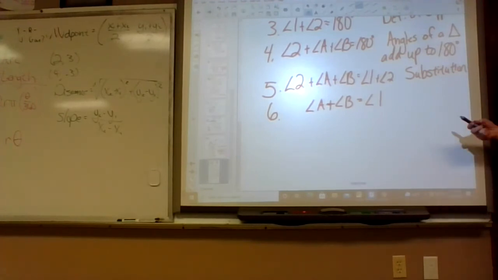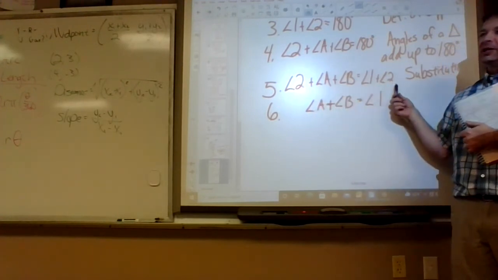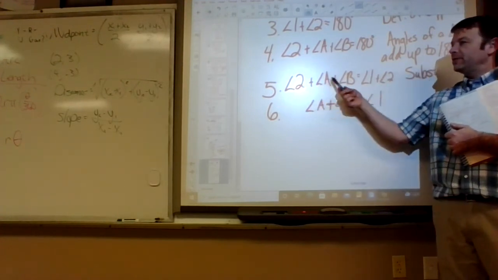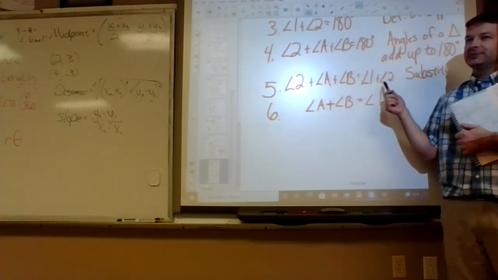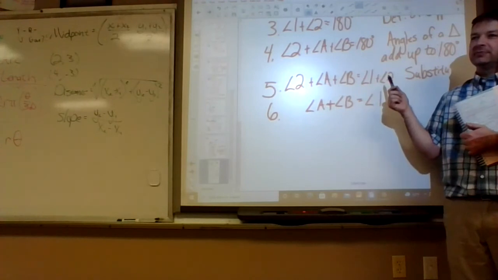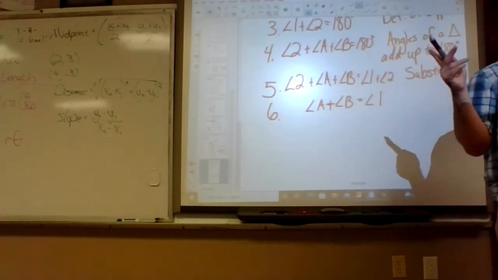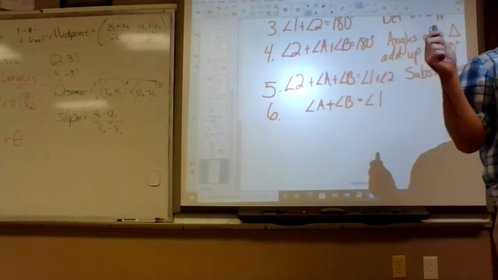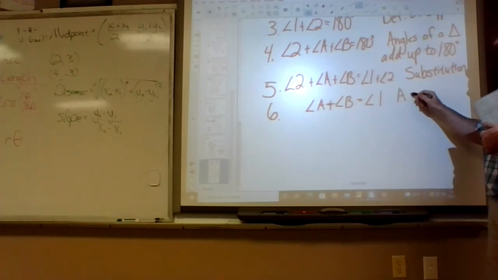If they both have angle 2 in it, then if you just take those away, what was that called when we took the same value from both sides of the equation? Subtracted the same values? It's an algebra trick, yeah. We did this, addition postulate of equality.